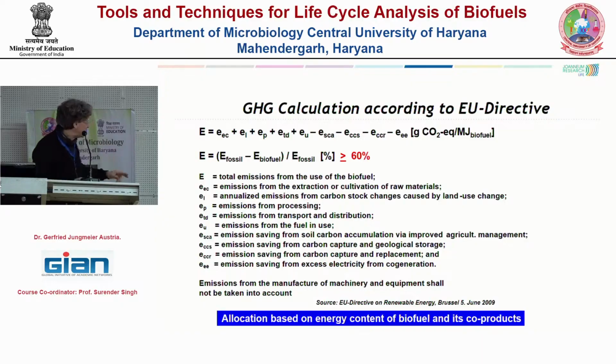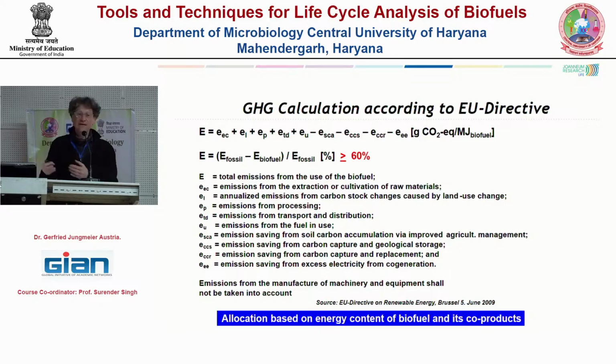And secondly, the emissions from the production and end of life phase are not included. So at least it's not a real LCA, it's more a well to wheel consideration, because the well to wheel mainly considers the operation phase from agricultural production to the vehicle, but not including the production and the dismantling of the facilities. But as you've seen before, the vehicle production roughly makes 50 to 20% in the overall system.